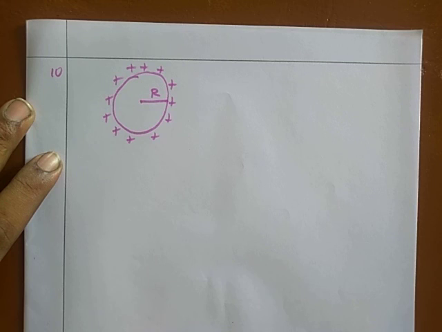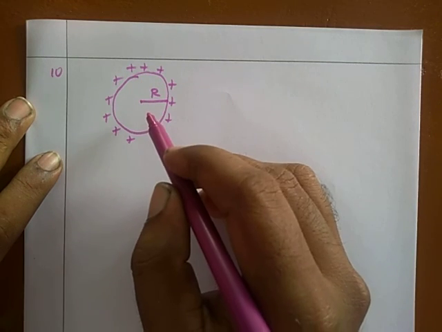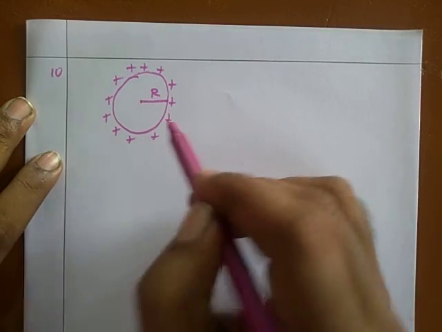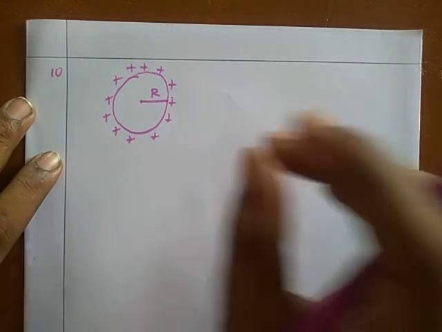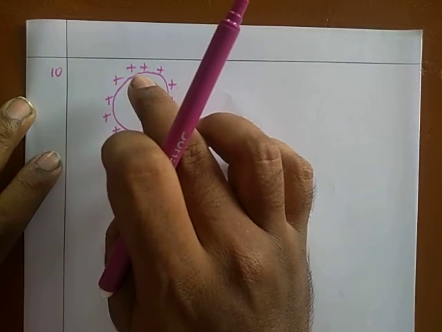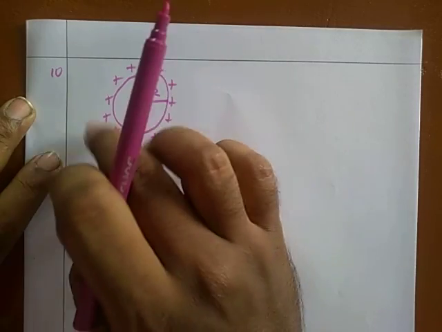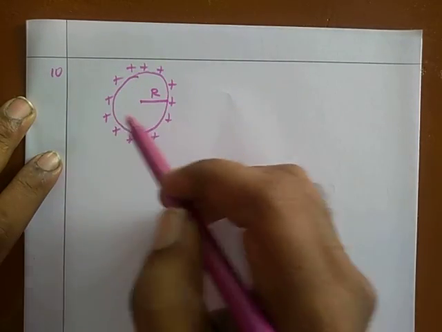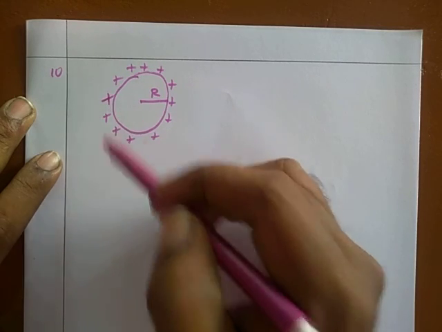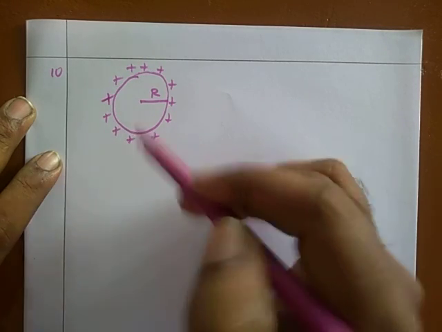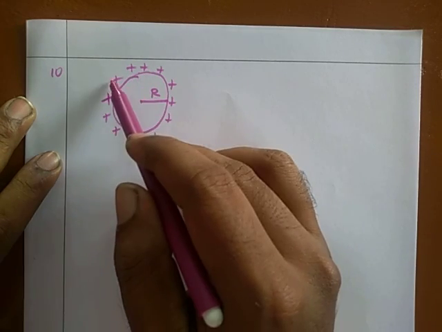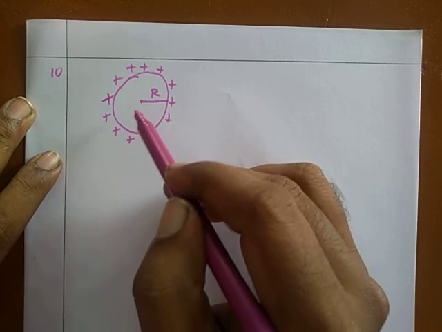We know very well, in a spherical shell, if we place a charge at the center or inside the shell, it will reside on the surface of the shell. It is because of the electrostatic equilibrium of the conductor. The last point says the potential on the surface and inside the conductor will be same.